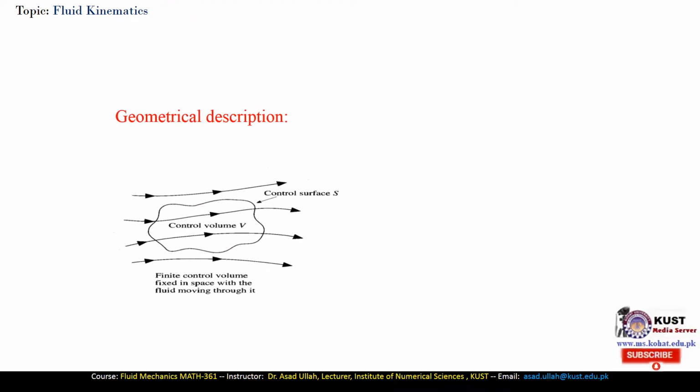Now, to geometrically visualize the control volume and control surface, we select a fixed region inside the flow field, that is the control volume. It has the control surface denoted by capital S. This control surface is fixed in the flow field. The fluid comes and passes through this region.